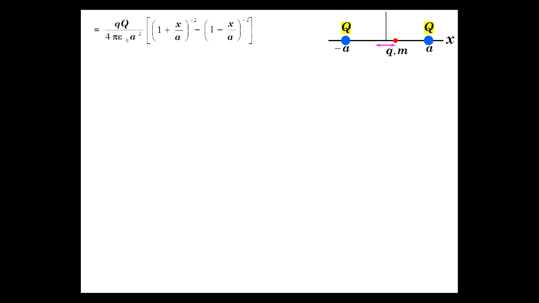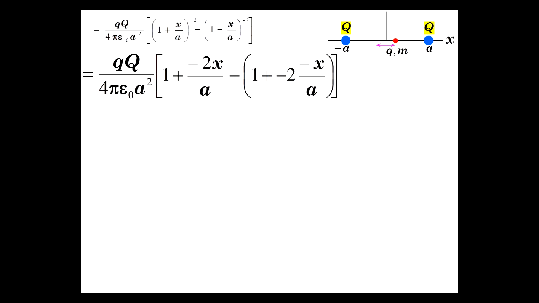Here's the physical situation. And so we have Qq over 4 pi epsilon 0 a squared. Now applying the binomial expansion to this term gives us 1 plus minus 2 x over a. Negative 2 is the n. This is z. And then we're going to subtract off this term expanded, which is 1 plus negative 2 times negative x over a.